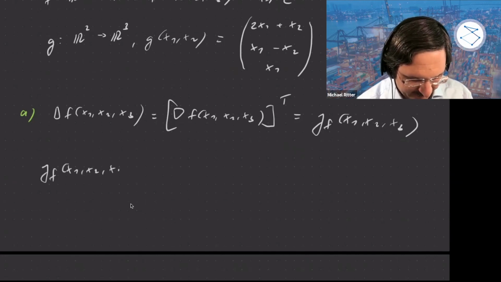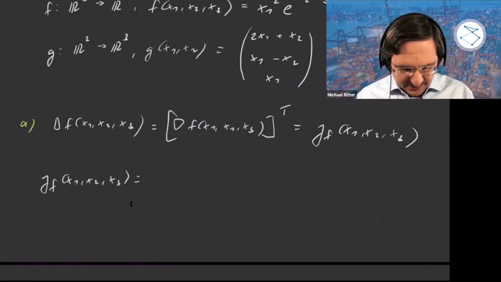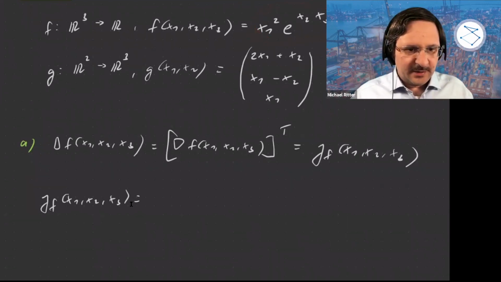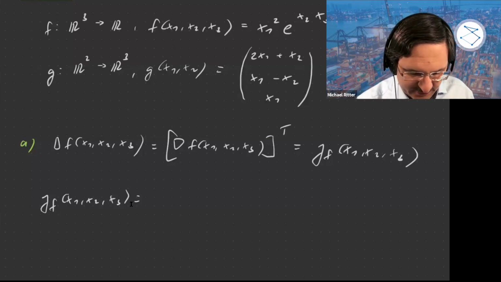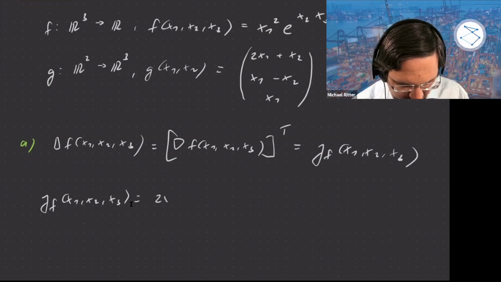So Jf of x1, x2, x3. So here's f again. Differentiating with respect to x1 first, that will yield 2x1 e to the x2, x3.